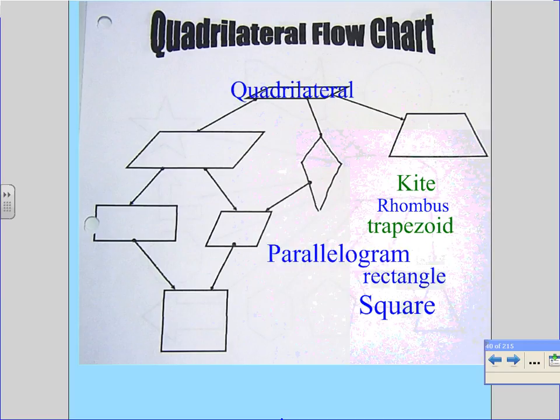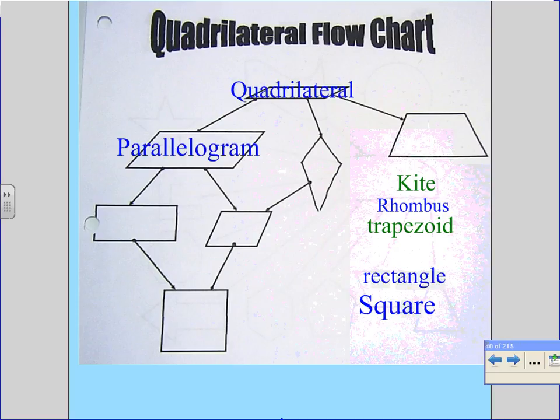Good, parallelogram. So I'm going to take over the parallelogram, and there we go. There's our parallelogram. If that's a parallelogram, what do you think this is? Grace? Good, rectangle. Guys, raise your hands, please. Okay, if that's a rectangle, what do you think this is? Camille? Good, rhombus.